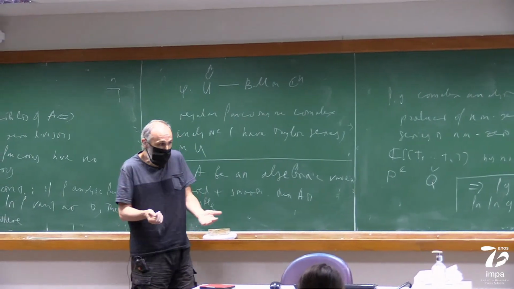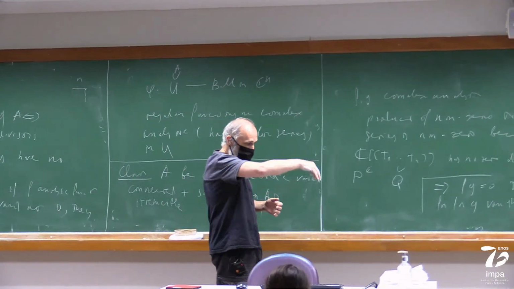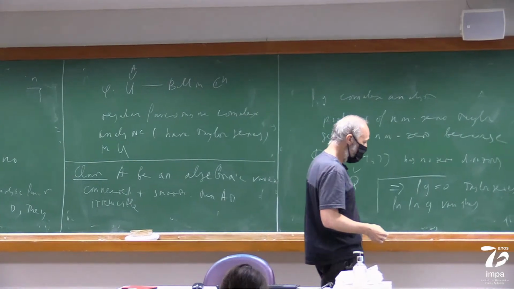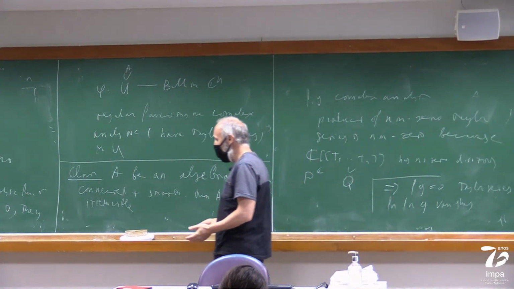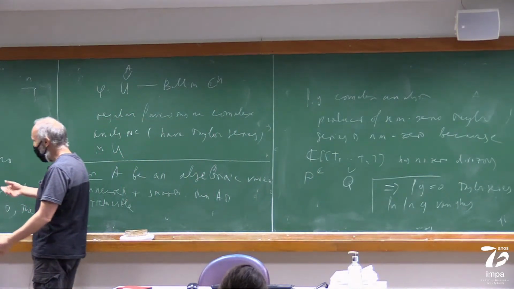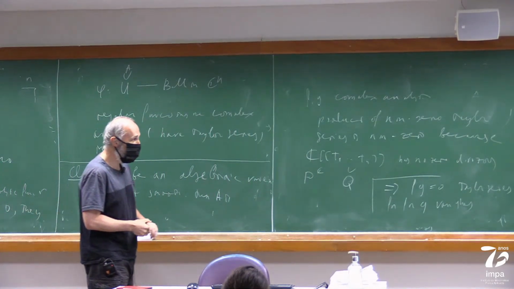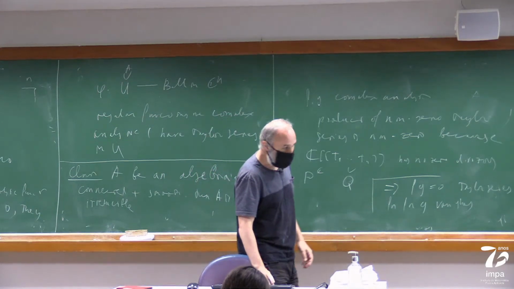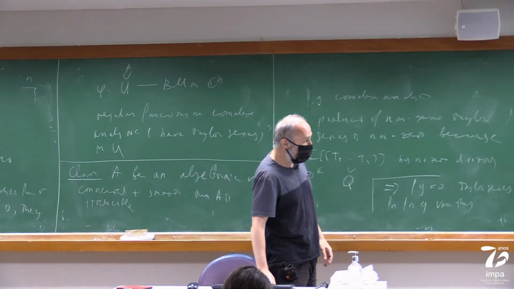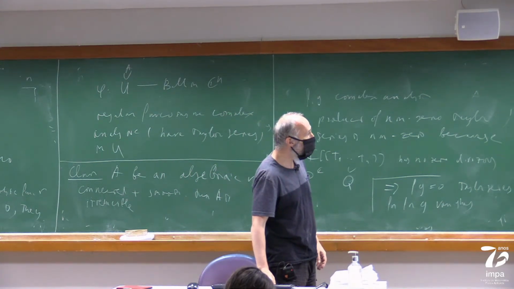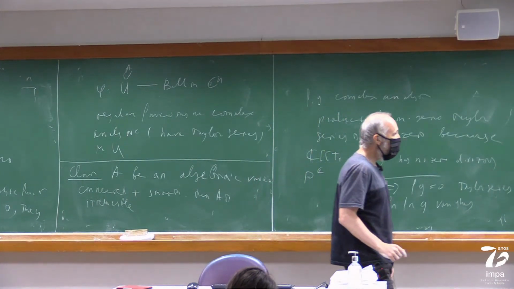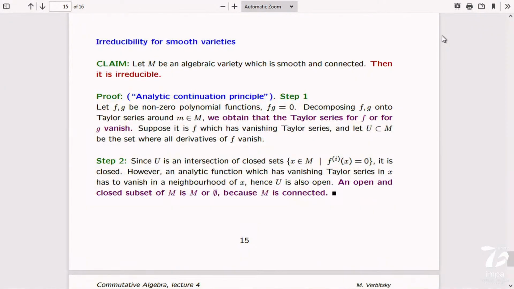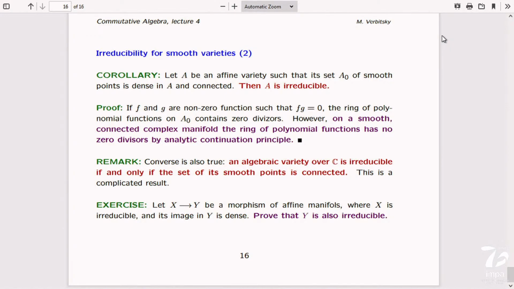On the other hand, it is closed, because if it's 0, it's 0 in the limit. So it's an open and closed set. It has to be everything because our manifold is connected. So this is why we cannot have zero divisors for complex analytic functions. This is the argument which I just gave.